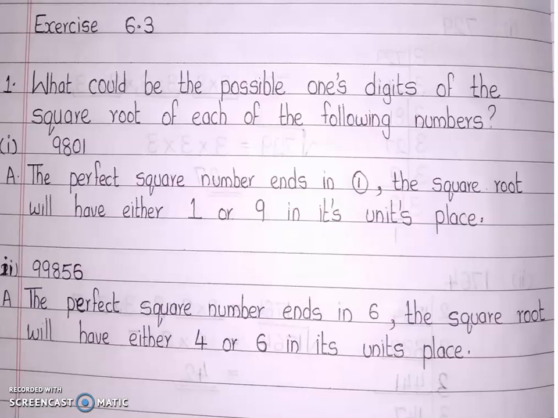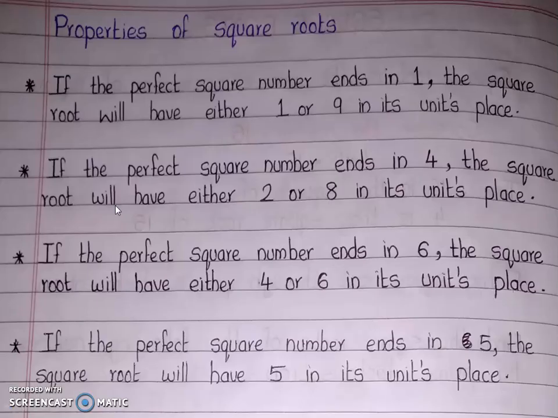Here, the perfect square number ends in 1. So, what will be the square root? Using this property, if the perfect square number ends in 1, the square root will have either 1 or 9 in its units place. This property you will be using here.